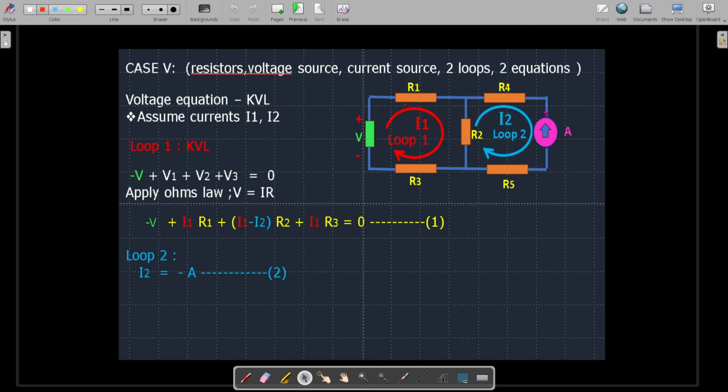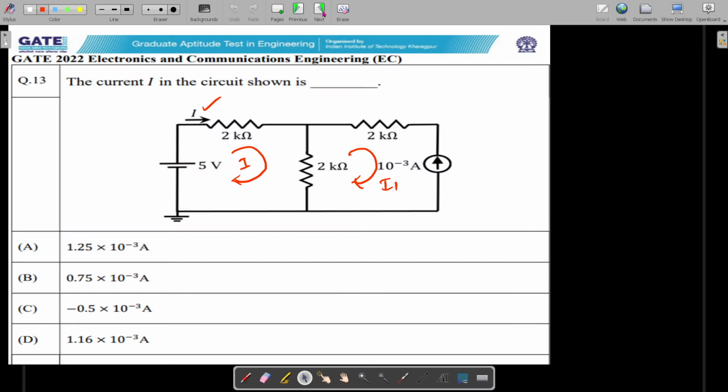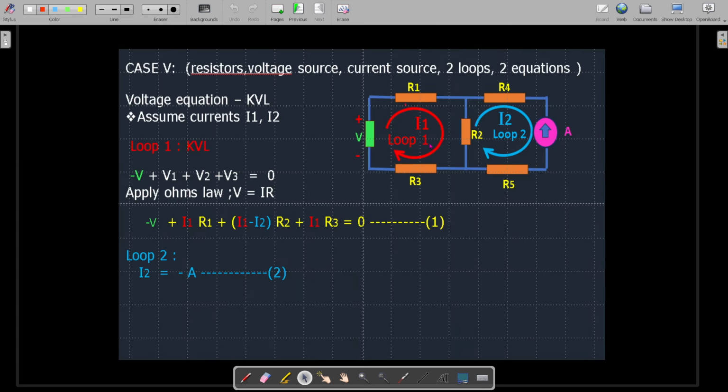And see here, this current source is available at the periphery of the circuit. So for this loop 1 we'll apply KVL. In this case we have 5 resistors, but in our problem we only have 3 resistors, so it is simpler compared to this particular case.